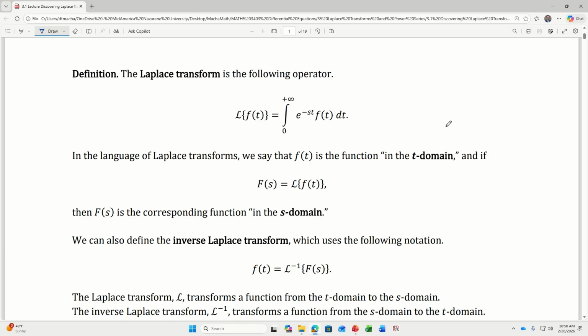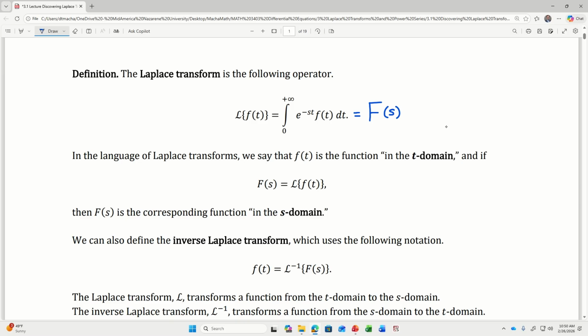In the end, whenever you are done taking your Laplace transform, this is going to give you a different function. We're going to use a capital letter to represent the function after the Laplace transform. And it's no longer a function of the variable t, because we integrate with respect to t, so the t variable goes away.